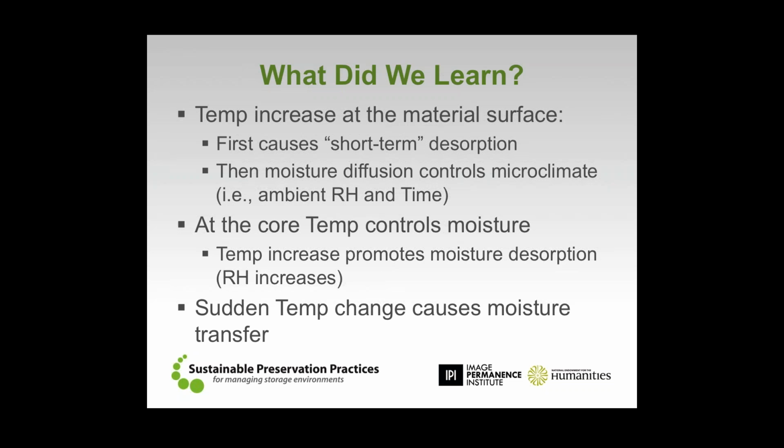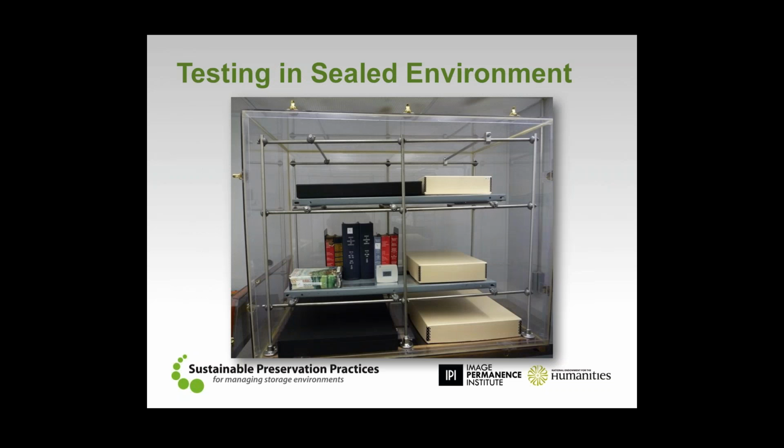So if we have a temperature change that happens fairly rapidly, are we going to see cases where, as a result of that temperature change, materials are going to desorb, or perhaps even adsorb moisture and take it on simply as a result of changing temperature conditions, not even looking at vapor pressures, not even looking at normal transfer of moisture across objects and across surfaces? And I think we'll be able to take a little bit more information from that in a second, but I want to wait until we actually illustrate that.